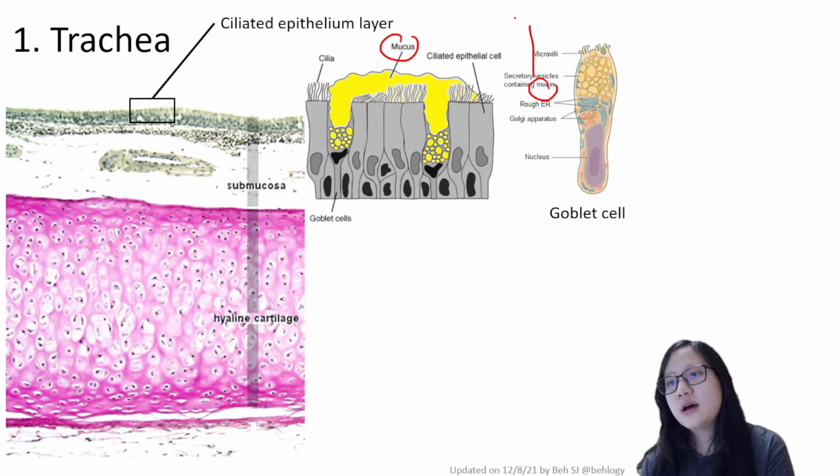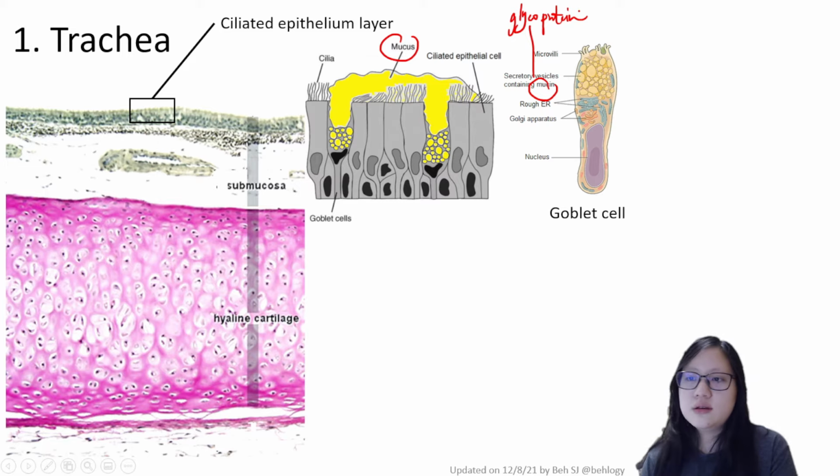To make glycoprotein, you need a lot of protein. So you make the protein in ribosomes and the ER, and you need to modify that protein in the Golgi. Then the Golgi will package it into secretory vesicles, which you can see here, and secrete that mucin out of the cell in order to make mucus.